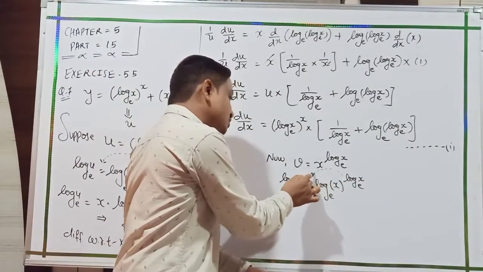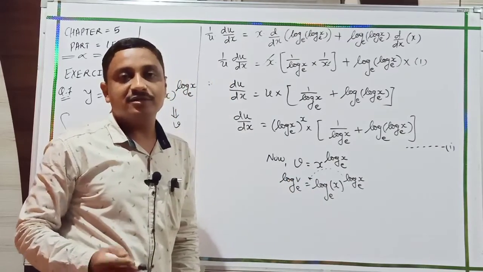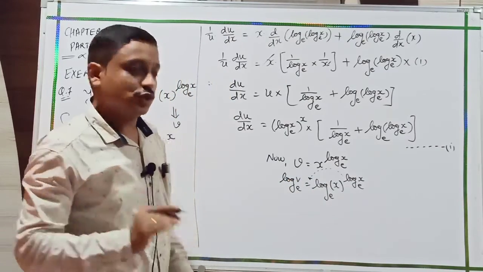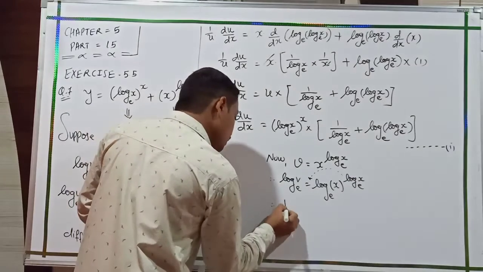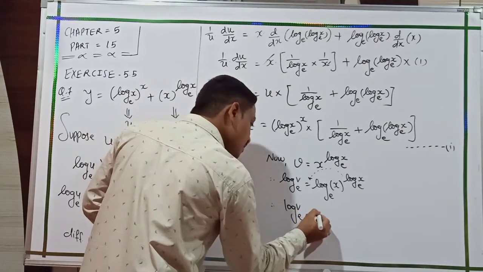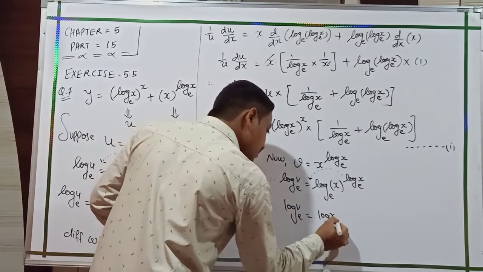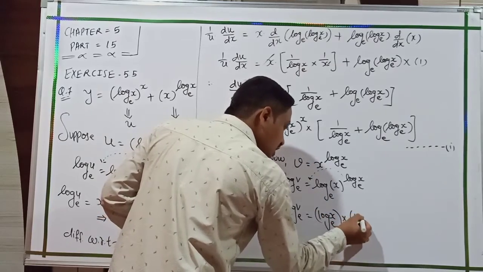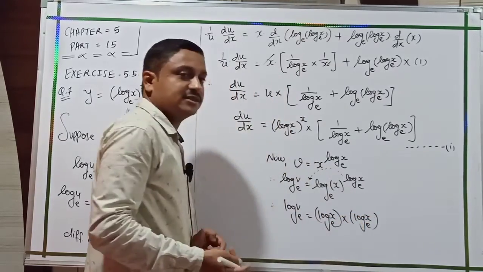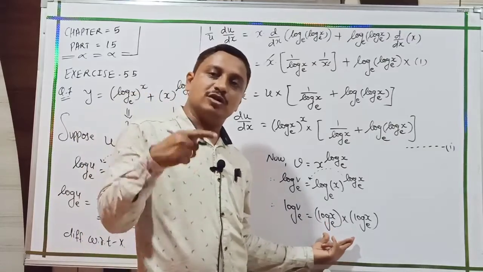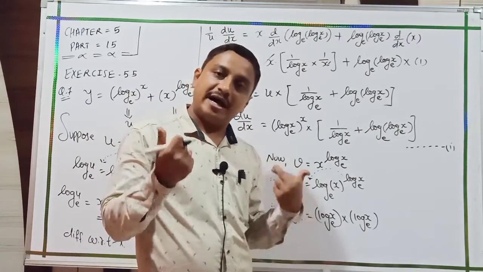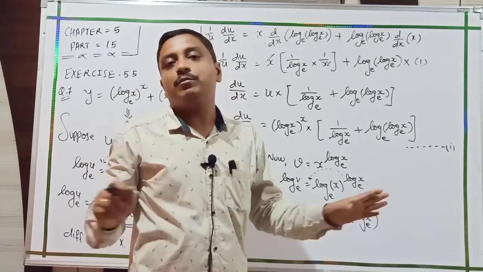This log x, according to our property, take outside. So log v base e equals log x to the base e into this internal log x to the base e as it is. Here students, you can take either whole square or as it is, and apply our product rule.